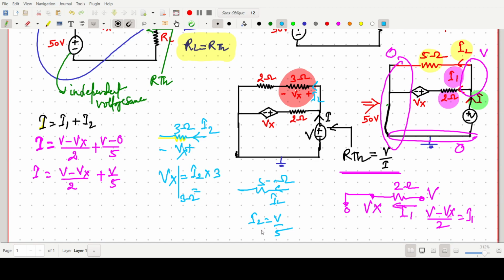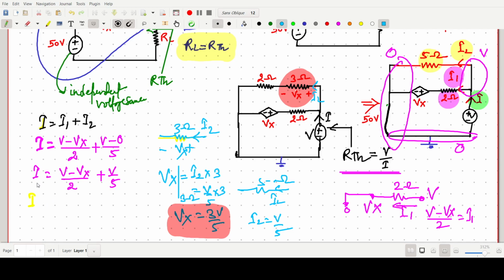So I2 is V by 5, so V by 5 into 3, that is 3V by 5. So Vx is simply 3V by 5. Is it clear? Vx can be written as 3V by 5. Now we can easily solve this question.